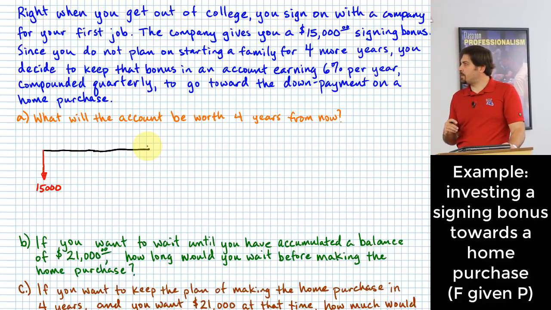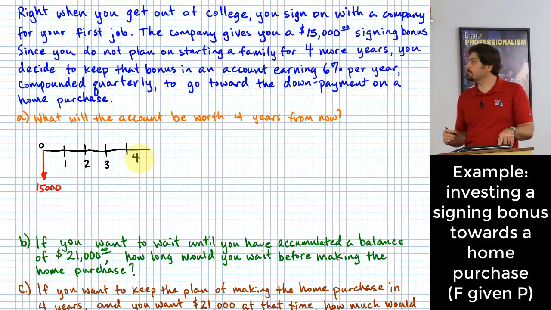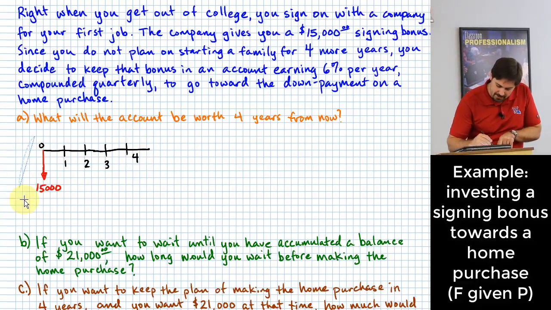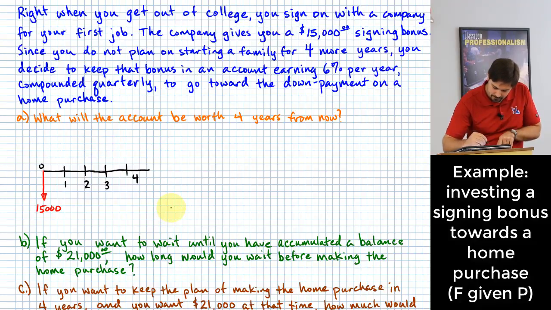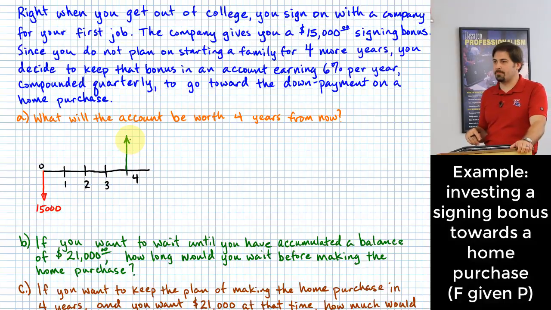I'm going to show these periods as years, so this is year 0, then year 1, 2, 3, and 4. Now what happens in year 4? You want to know how much you can get out of there, which is basically a future value. That goes back into your pocket, and then into making a down payment on a home. The question is, what is this value?